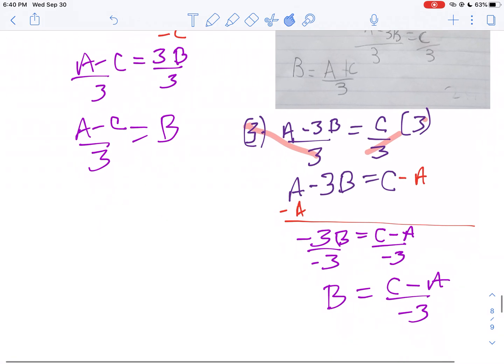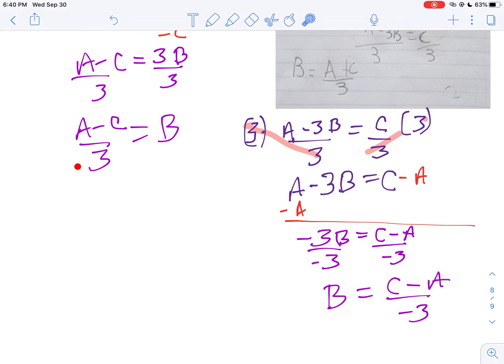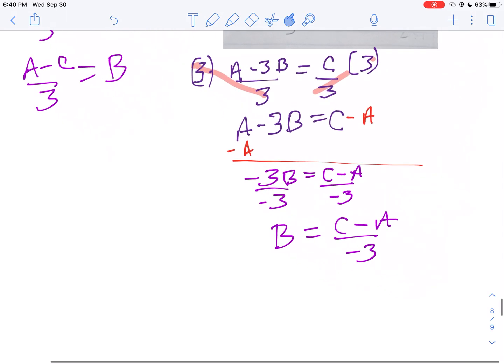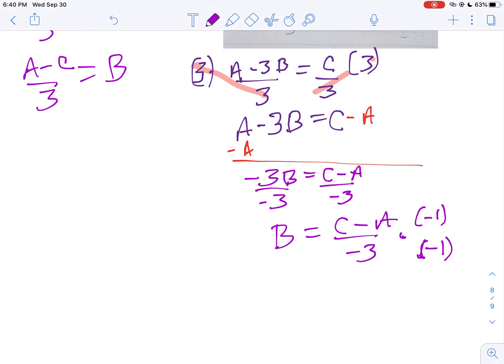Do you see that these two equations are exactly the same thing? The only difference is this equation has 3 being positive. If you want to figure out why this is positive, well, it's really simple. Let's multiply the numerator and the denominator by -1. So then we get B equals, let's distribute that -1.